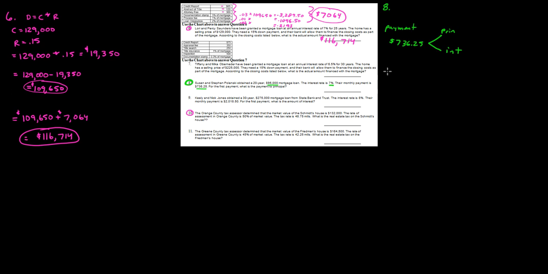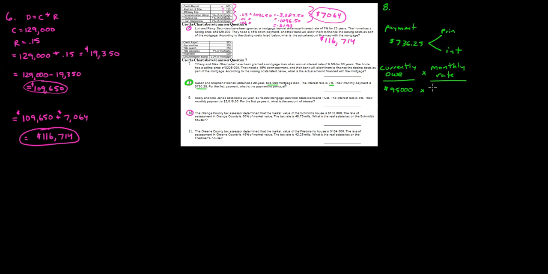So to do that, we have to take, remember, what do we currently owe? What we currently owe is 95,000. And then we're going to multiply that times our monthly rate. And that will give us how much goes toward interest.